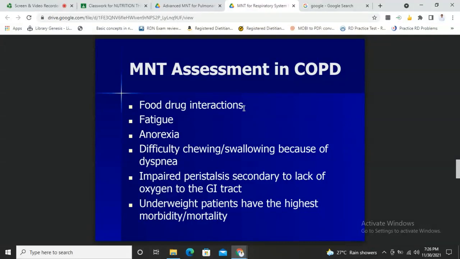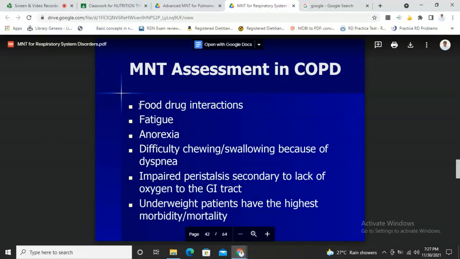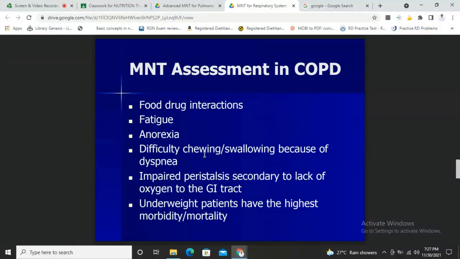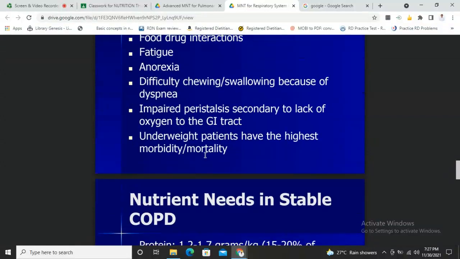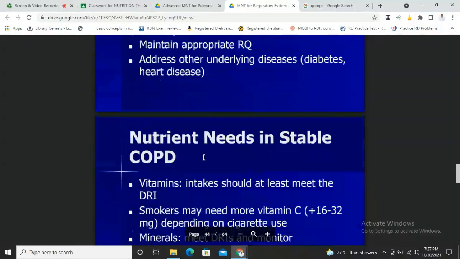So aside from steroids, the immunosuppressive drugs, there are also bronchodilators used to dilate the bronchioles and ease the breathing process. So, see if they affect the metabolism of nutrients, and assess if there is a need to address those issues.